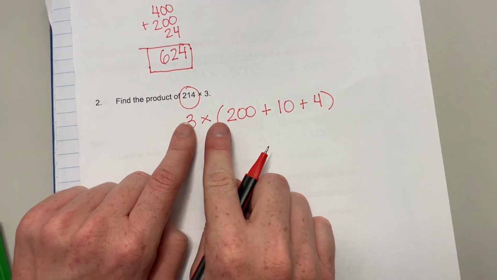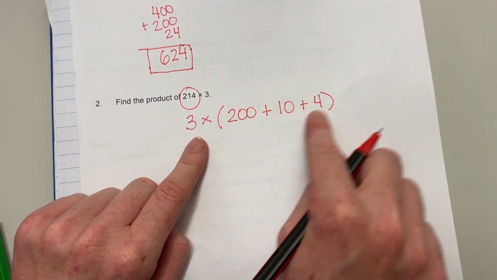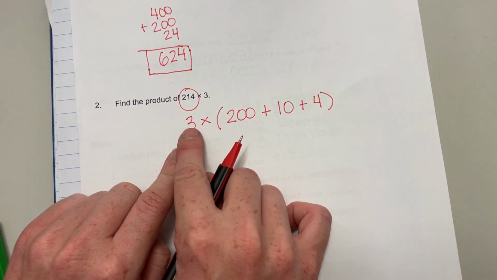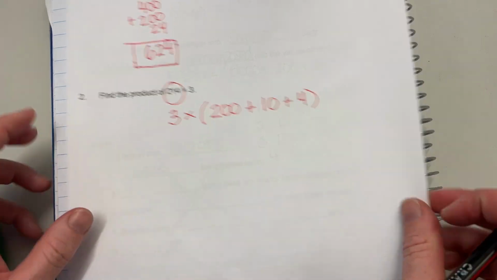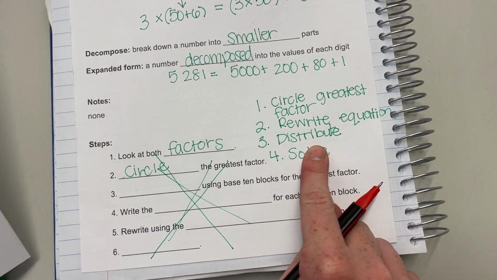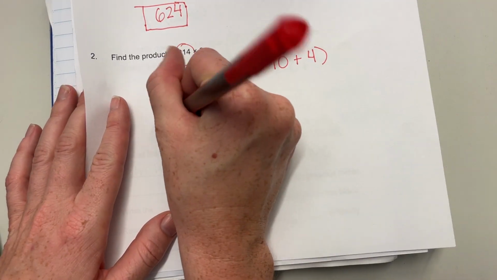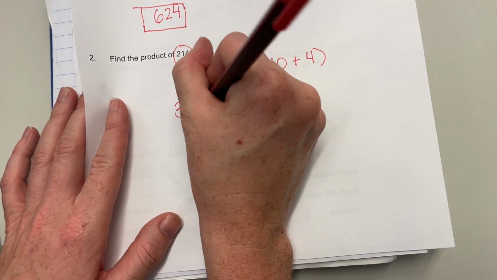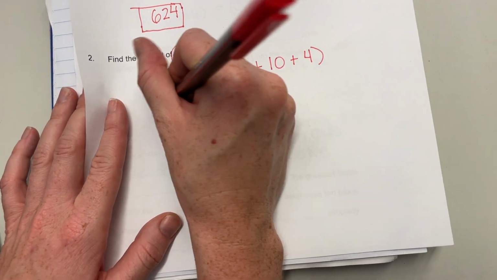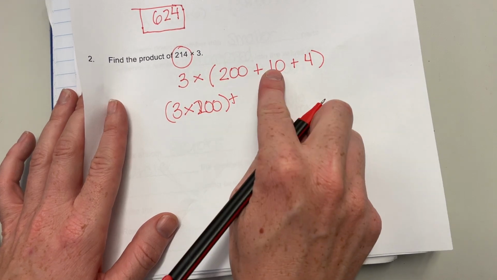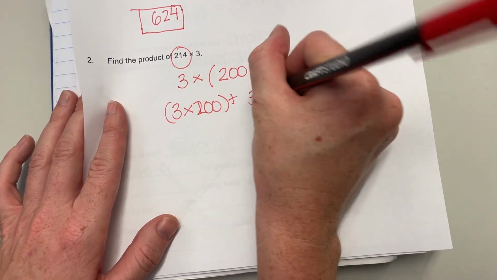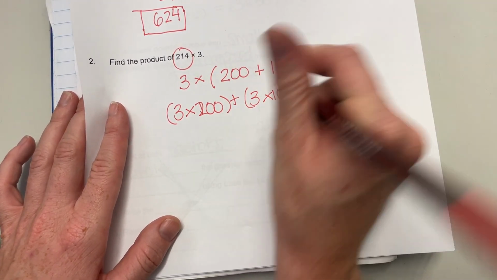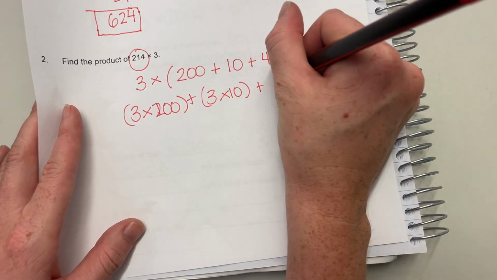And notice that I like to always have my expanded form second because then it's easier for me to distribute. So step 3 is distribute. So 3 times this first number, 200, plus 3 times the second number is 10, plus 3 times 4.